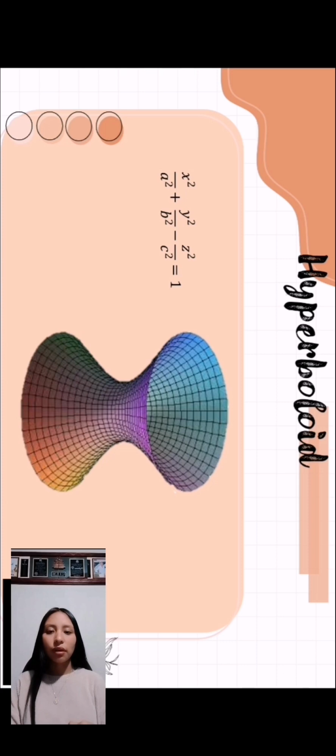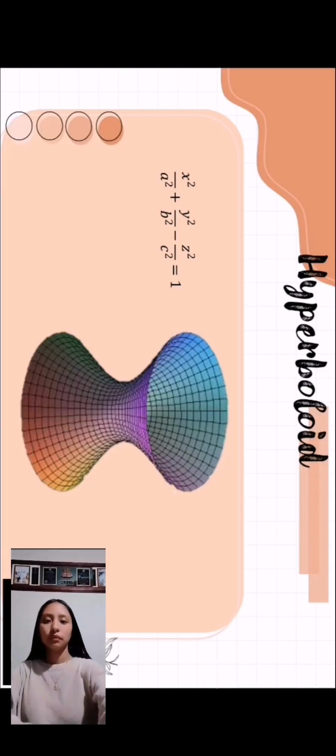Its traces on the horizontal planes are ellipses, and on the vertical planes they are hyperbolas. The traces are hyperbolas in planes parallel to the xz and yz planes, while in planes parallel to the xy plane they are ellipses.